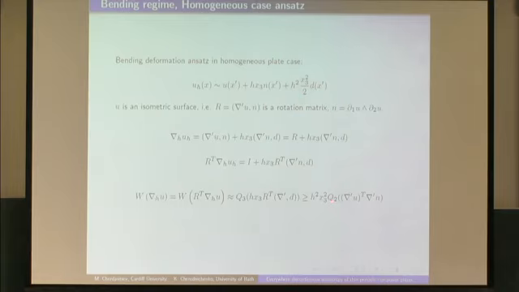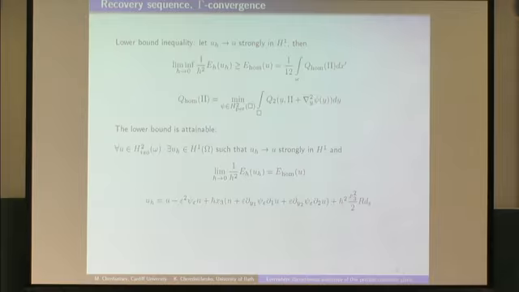But actually, if you choose a suitable D, there will be exact equality here. So D should be a minimizer of a certain problem in dimension reduction.